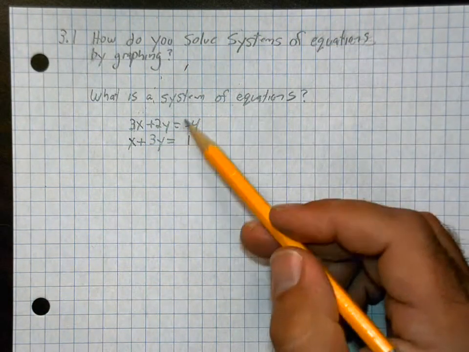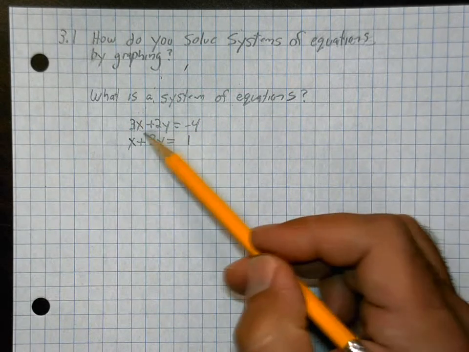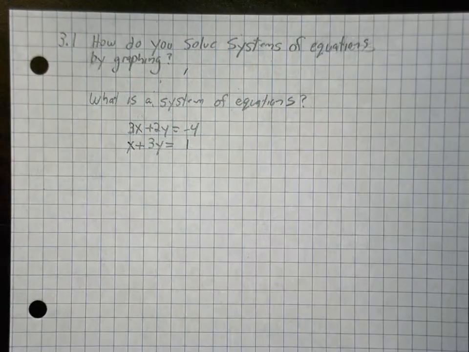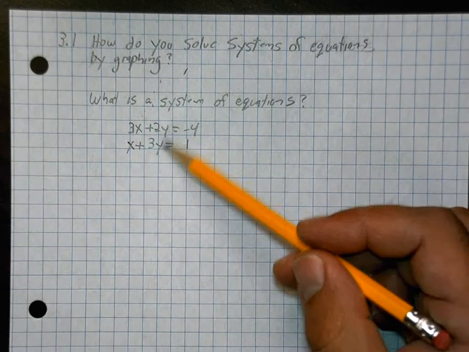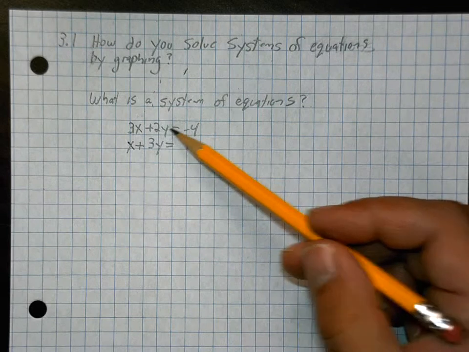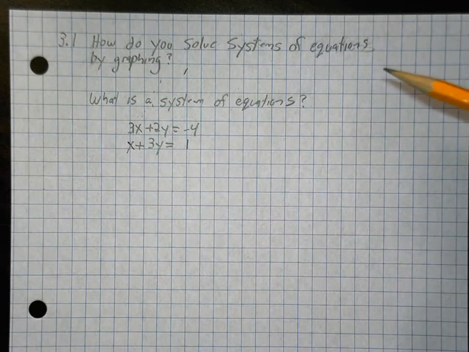When I say I want to solve that system of equations, what I want to solve for is what x and y coordinates satisfy both equations. So for all of these systems of equations, these are linear, so when we graph them, they're lines, and we're looking at where on the graph these lines intersect, and that's our solution.